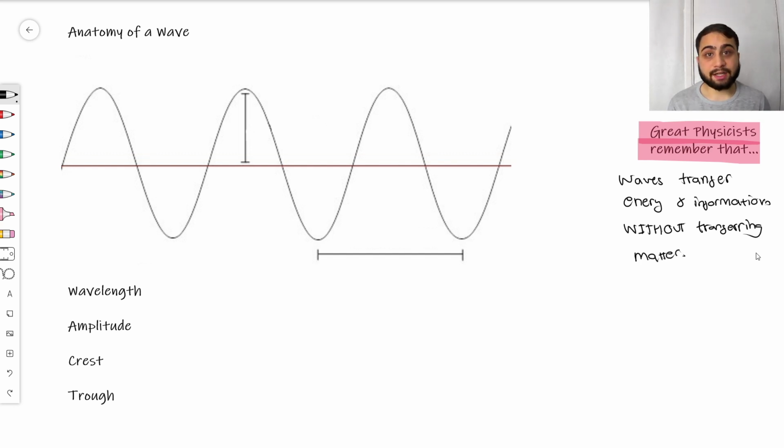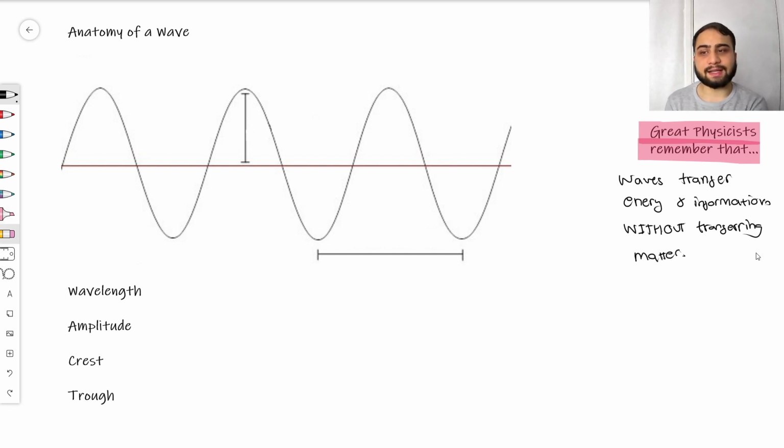Now that's a very key point that you need to remember. The wave is transferring energy and information, but it's not actually transferring any sort of physical objects. You can say it's not actually transferring physical stuff. It's transferring energy and information. That's something you need to remember straight away.